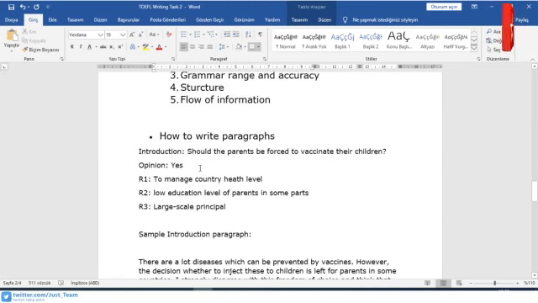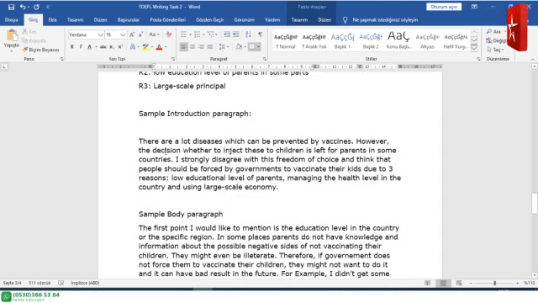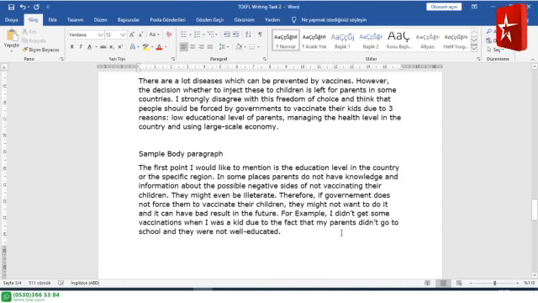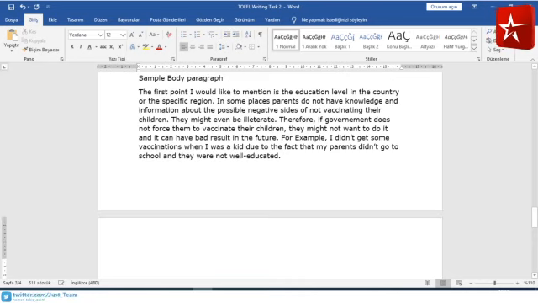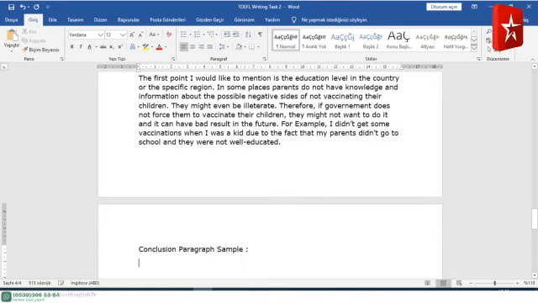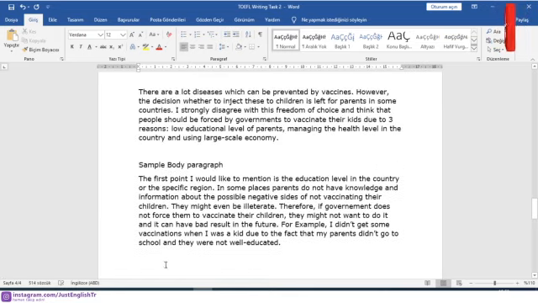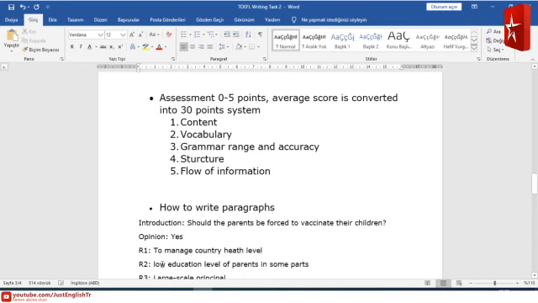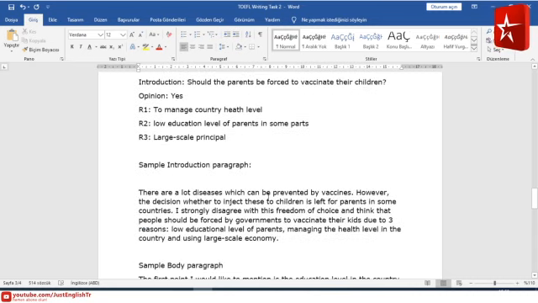Let's write one conclusion paragraph together. So this was my introduction paragraph sample, and I will write something similar to it now. And where it is, there are a lot of diseases that can be prevented.